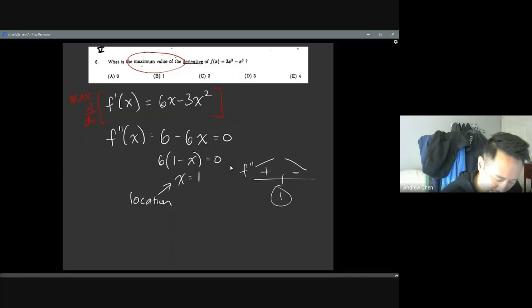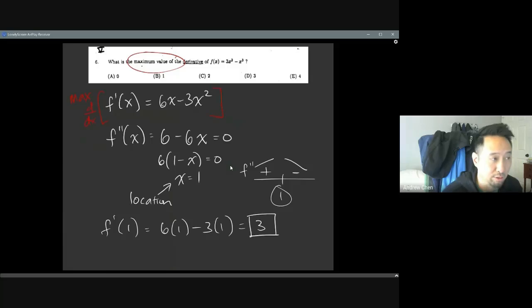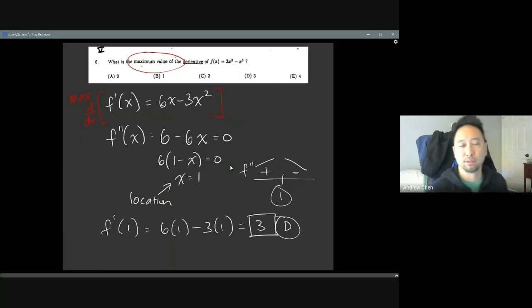So I have f prime of 1, which is going to be 6 times 1 minus 3 times 1, which I'm going to get a value of 3. So it looks like choice D is my correct answer.